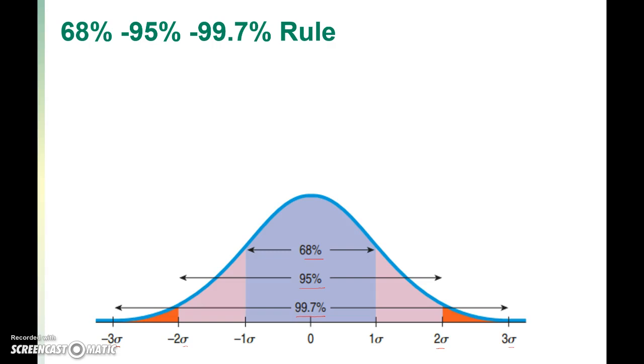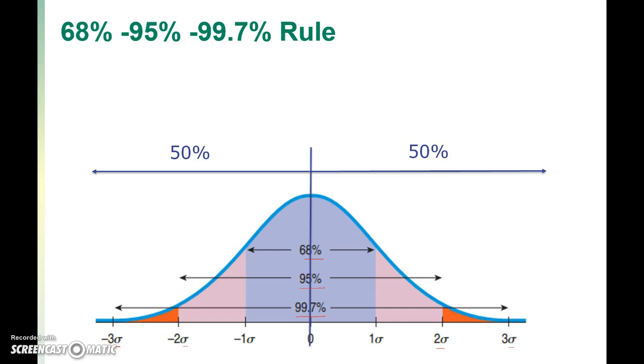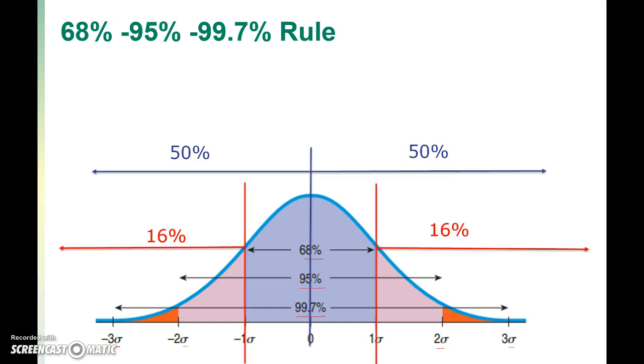Okay, so let's take a look at a couple of things that we get to add to this when we know that we've got this normal curve and apply our symmetry. We know that the median and the mean are the same, or roughly the same, in a symmetric distribution like we have here. So 50% of the data is above and below.